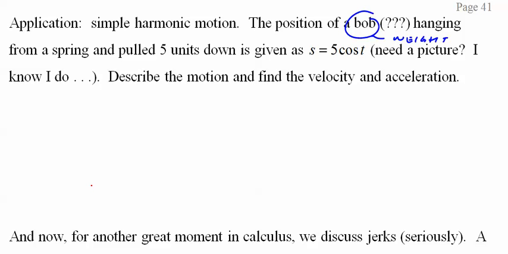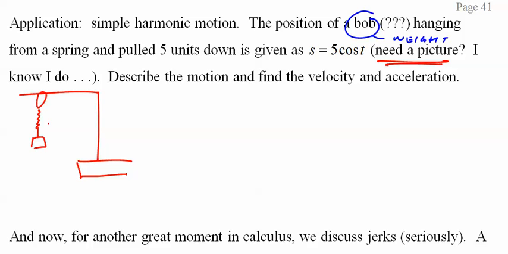Really just think of a weight hanging from a spring, maybe from a countertop. We just pull it down and let it go, and it bounces and bounces. So the motion is just down, up, down, up.